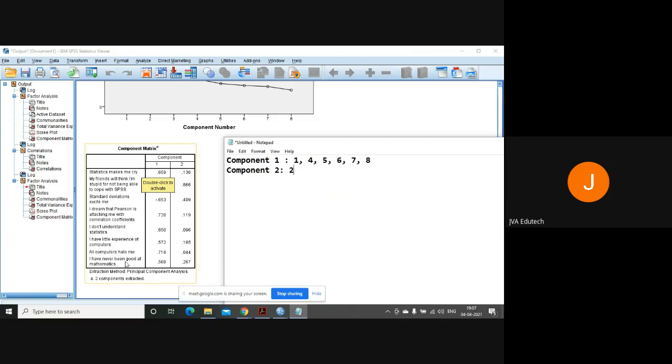Item 7, all computers hate me. And item 8, I have never been good at mathematics. All these are showing fear towards statistics. Whereas component 2, my friends will think I am stupid for not being able to cope with SPSS. This component is showing what it is measuring.